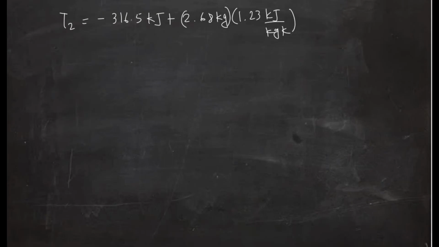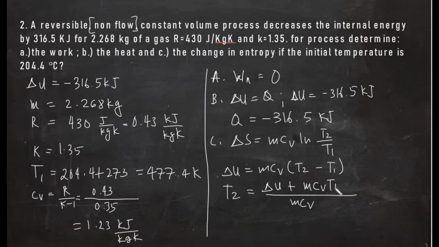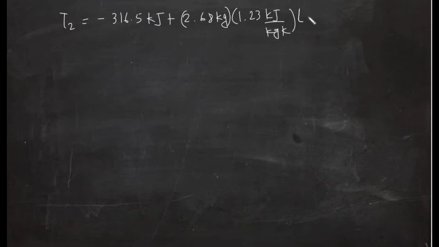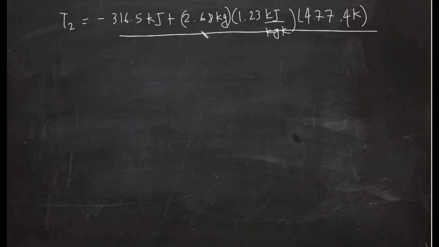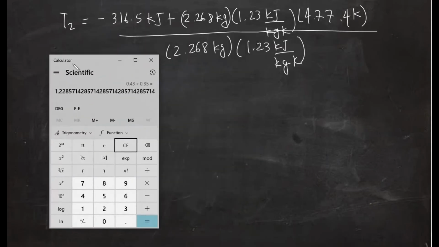Then from the formula, we multiply T sub 1, which is equal to 477.4 Kelvin. Then divided by mcv. So m is 2.268 kilogram times cv 1.23 kilojoule per kilogram Kelvin. So let's get our calculator and solve for T sub 2.